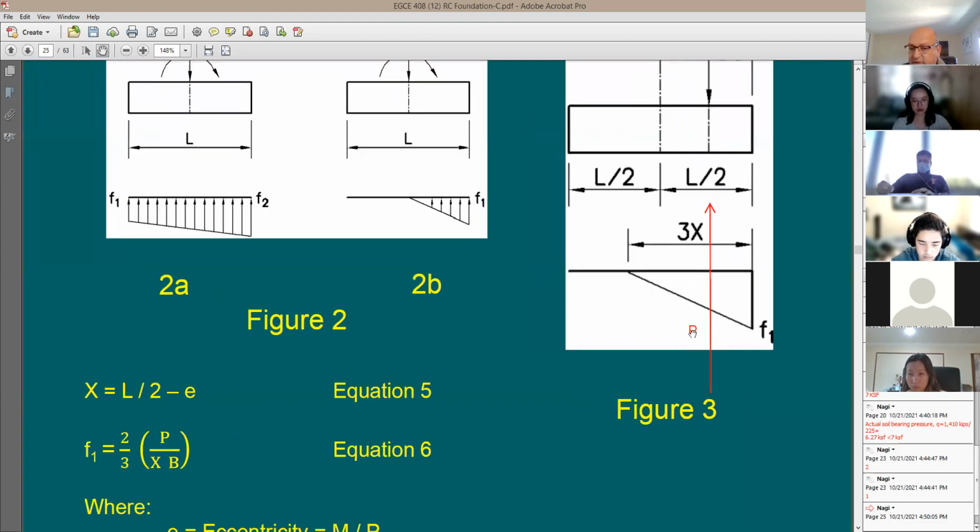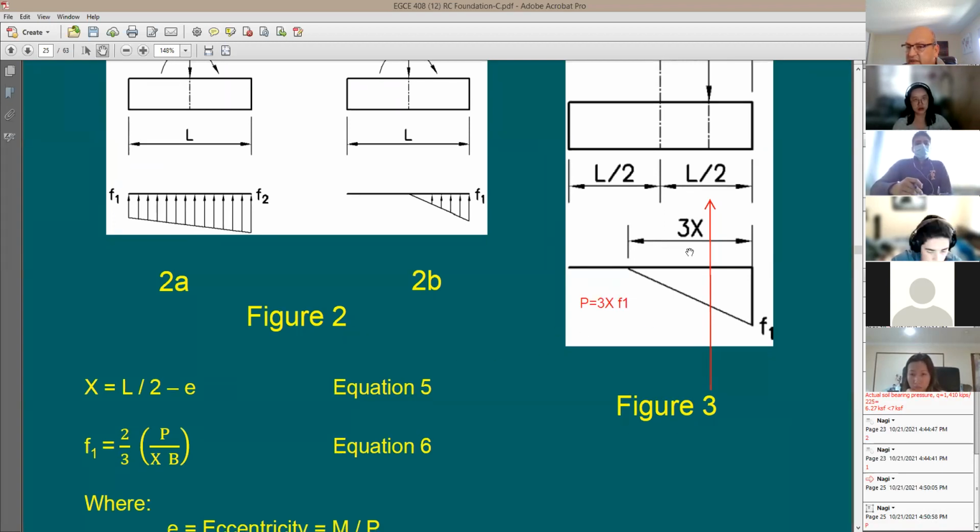Yes, here's the equation. This P equals 3 times x, multiplied by the stress F1. What's the stress F1? This is the stress value you're interested in. So this stress value times 3x, divided by 2, multiplied by B. What is B?